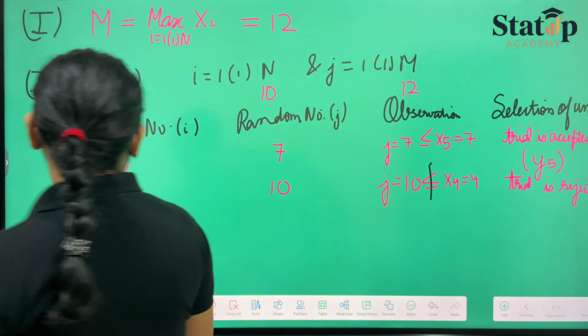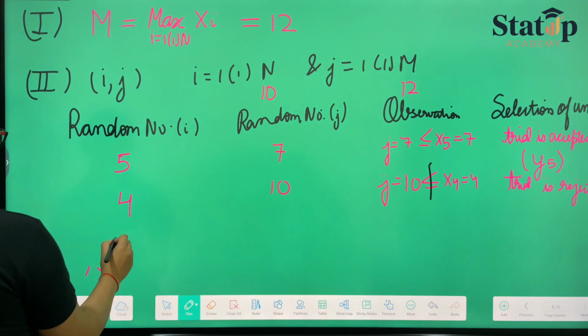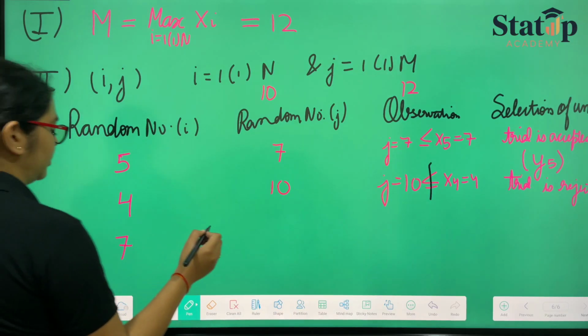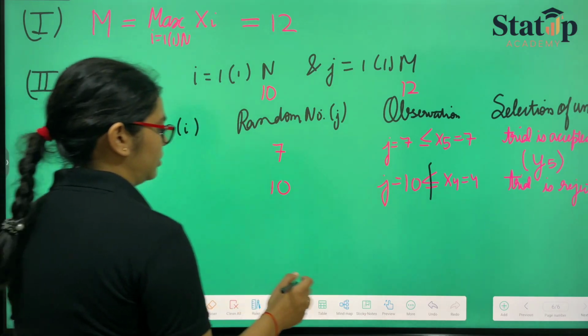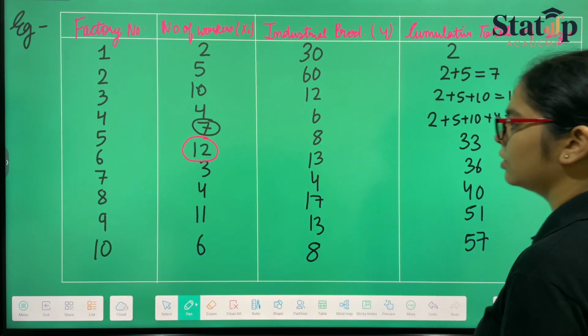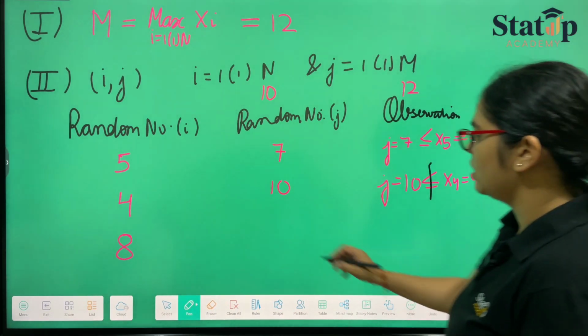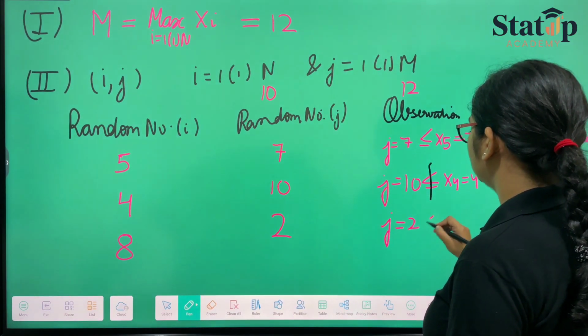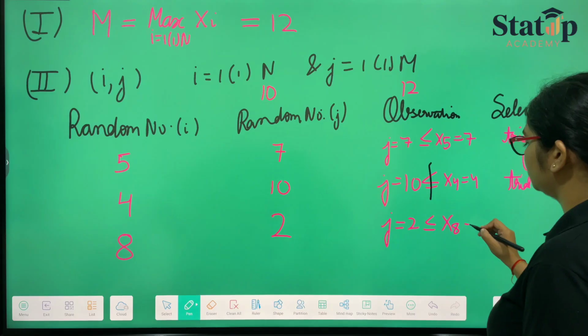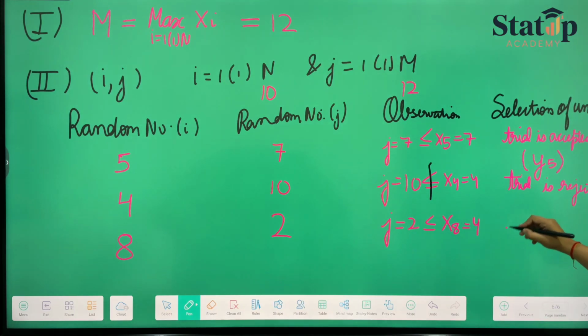Let us take another number, 8, and here we can take 2. So j equals 2, which is less than or equal to x8, which equals 4, and hence the trial is accepted, and our sample is y8.